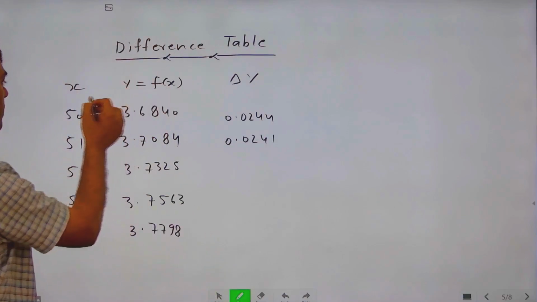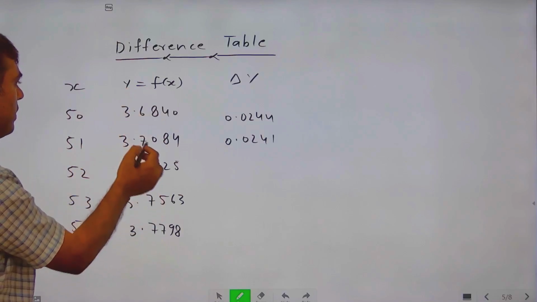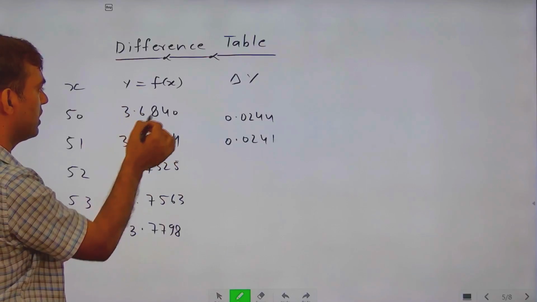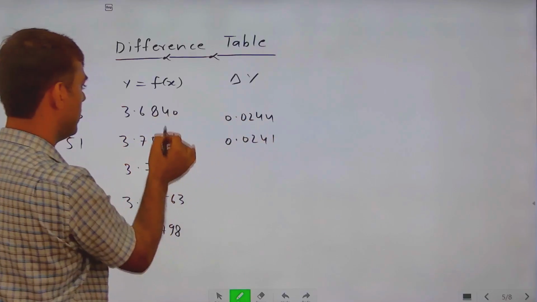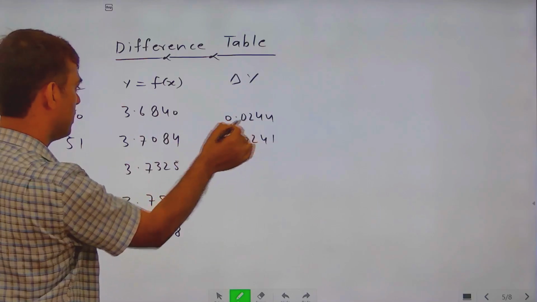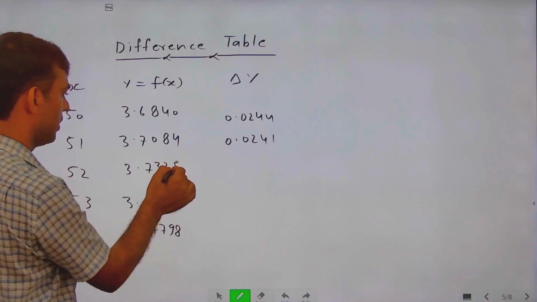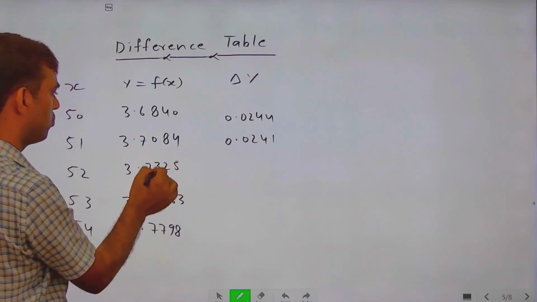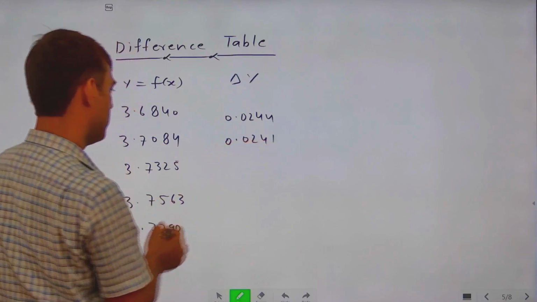Here we write the values of x and here the values of y. The difference of these two is 3.7084 minus 3.6840, so 4 minus 0 is 4, 8 minus 4 is 4, 10 minus 8 is 0, 6 minus 6 is 0. Similarly, 5 minus 4 is 1, 12 minus 8 is 4, and 2 minus 0 is 2. So this one is 0.024.